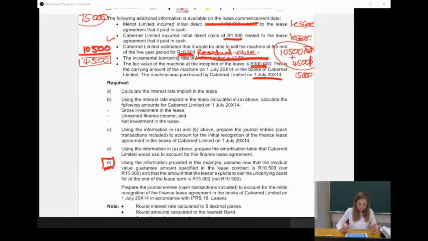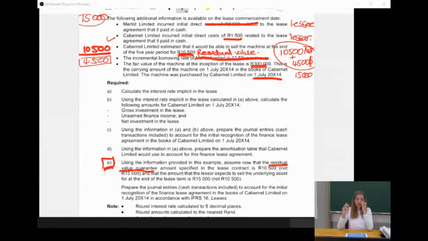But just quickly mention what happens in part E of this example: now we just change the amounts a little bit. So we tell you now that let's assume that the residual value guarantee was 10,500, and that the lessor expects they will be able to sell the asset at the end of the lease term for 15,000.